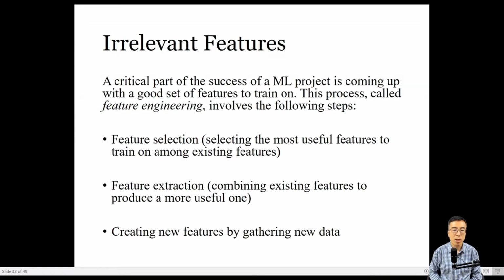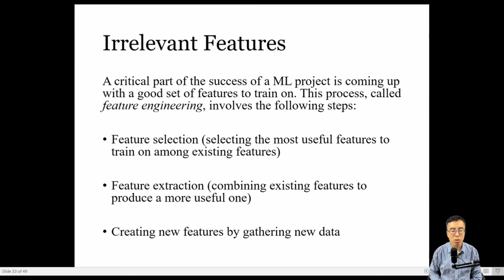In many cases, there are irrelevant features in our data set that we need to make a decision upon. A critical part of the success of machine learning project is coming up with a good set of features to train on. And this process, we call it feature engineering, involves the following steps. First, we need to select the features. Most likely, we try to select some useful features to train on among existing features.